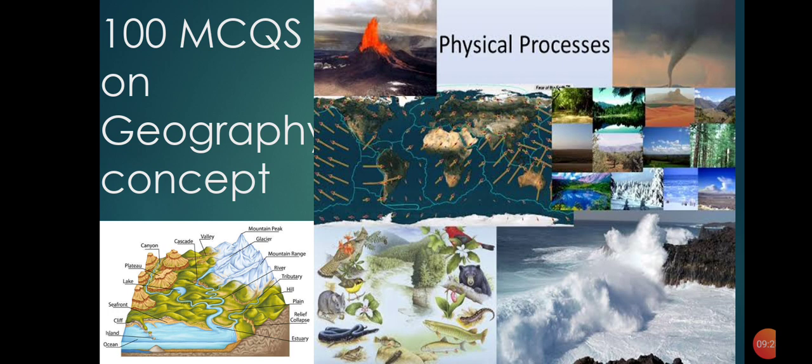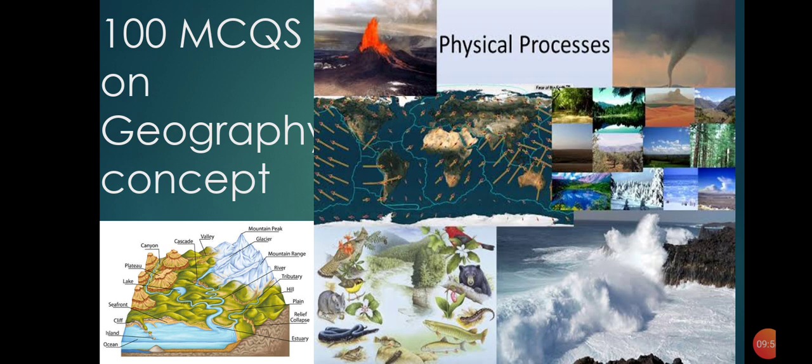Question number 13. Consider the following statement. The rotation of the earth about its axis affects the direction of the wind, and this force is called Coriolis force. It is directly proportional to the angle of latitude. It deflects the wind to the left direction in the southern hemisphere and right direction in the northern hemisphere.